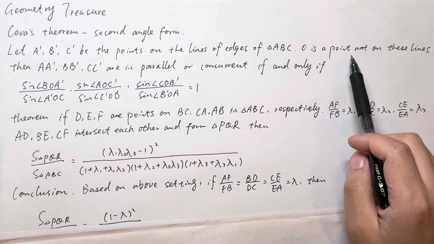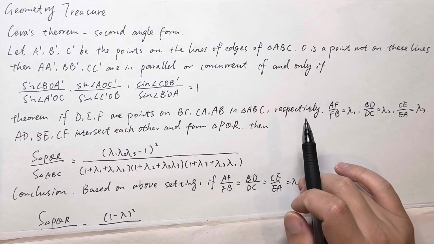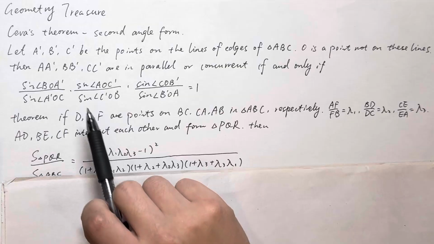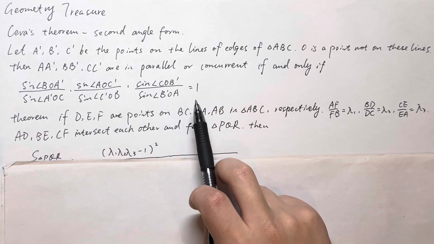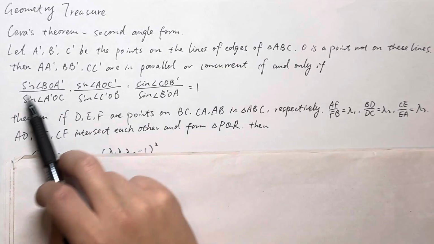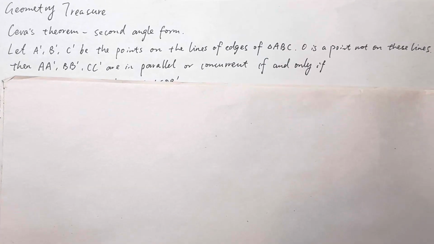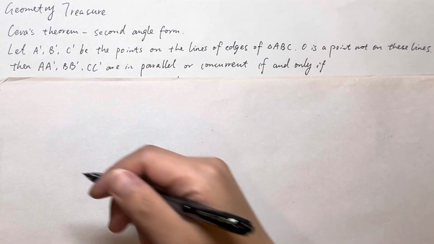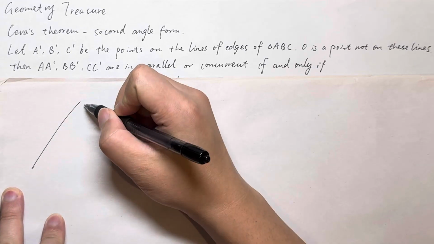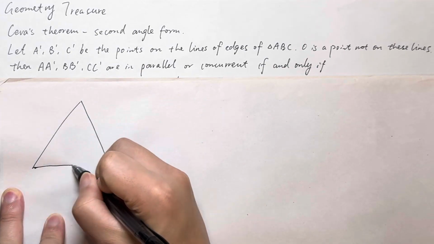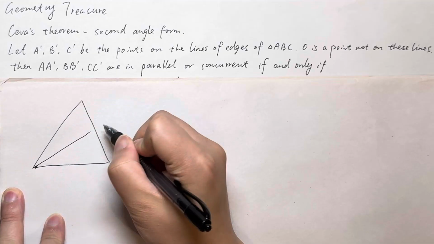O is a point not on these lines. Then AA prime, BB prime, CC prime are parallel or concurrent if and only if this is valid, right? So let's review the Ceva theorem shortly, and then we come back to this one.